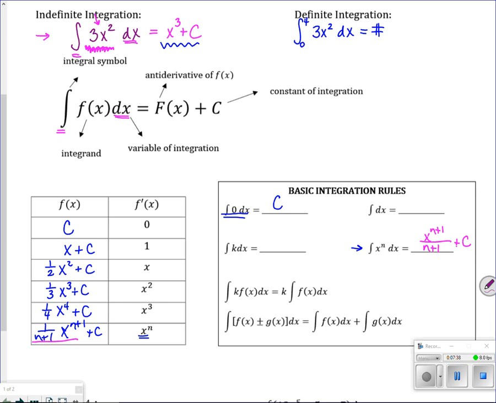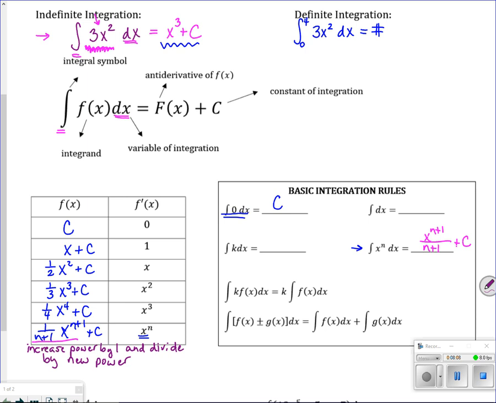What I did was increase the power by 1 and divide by the new power. So that's the power rule for integration. And these other ones really are derived from that.